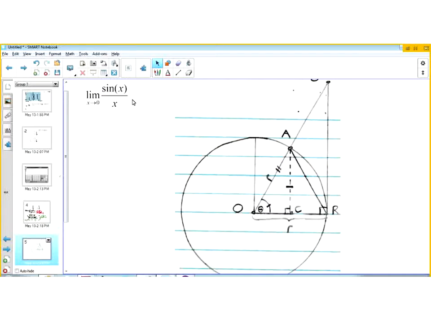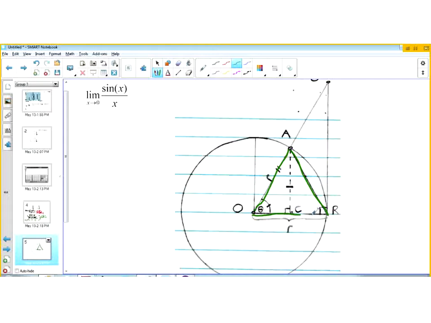Okay, the first thing that we want to notice is the inclusion of triangle OAR, which I'll outline in green. So triangle OAR. Okay, so that's one construction.